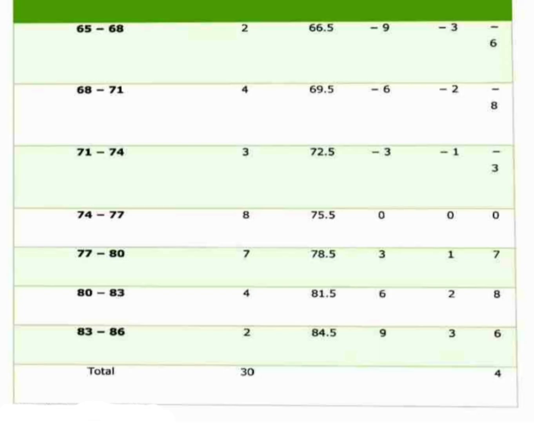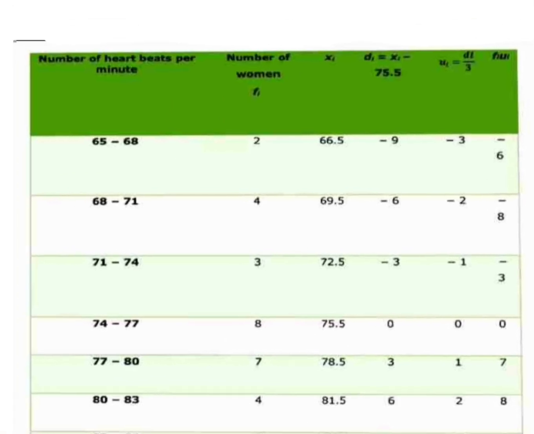Okay, now divide this d by 3, that equals ui. ui is equal to di by 3.